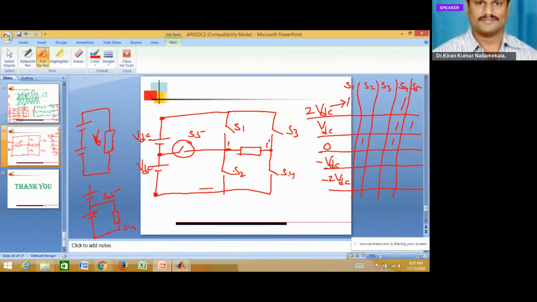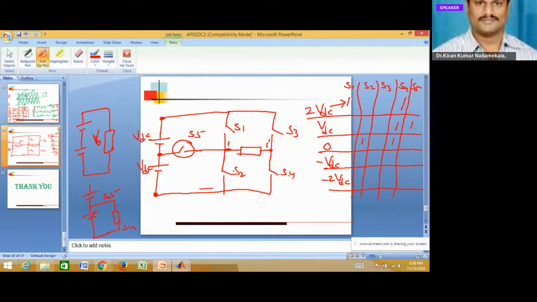Next voltage level is minus VDC. In order to generate minus VDC voltage level, see the possibilities. You can turn on S5, and you can turn on S3. If you turn on S3, 1 dash will be connected here, and 1 will be connected here.